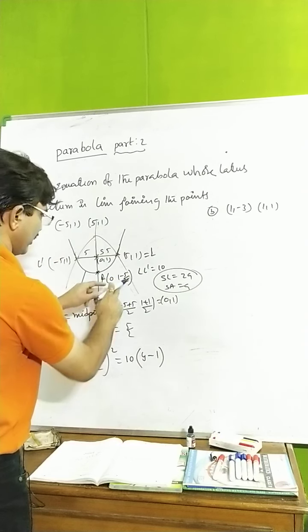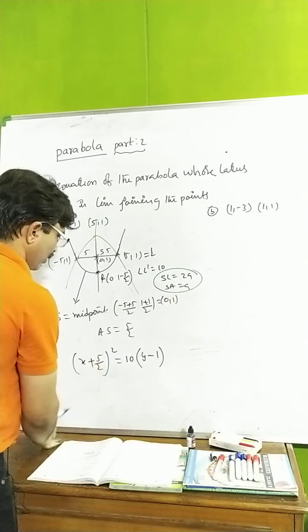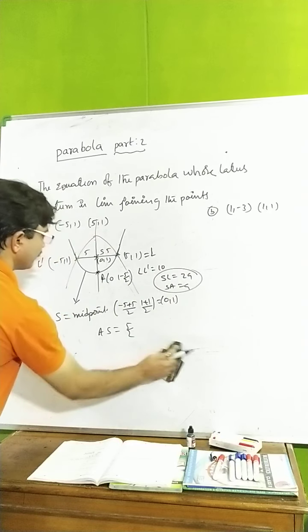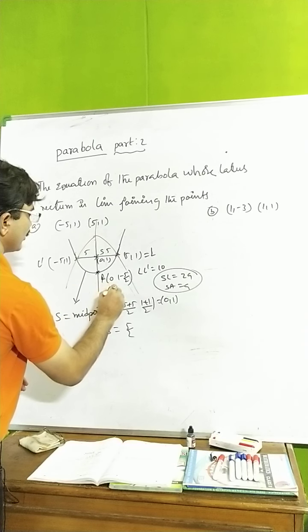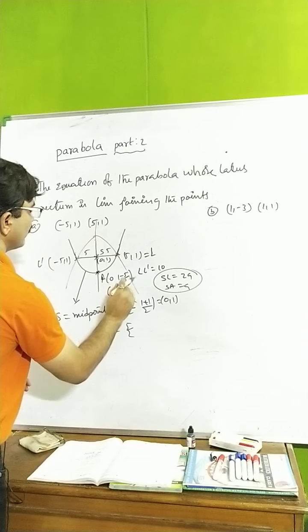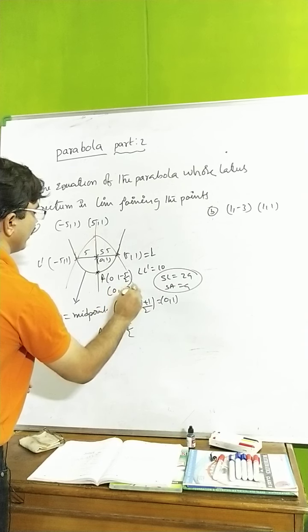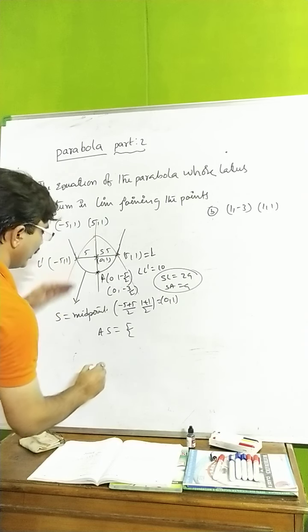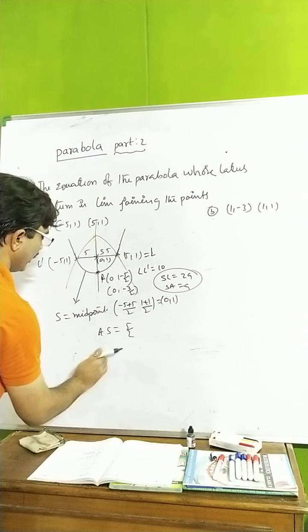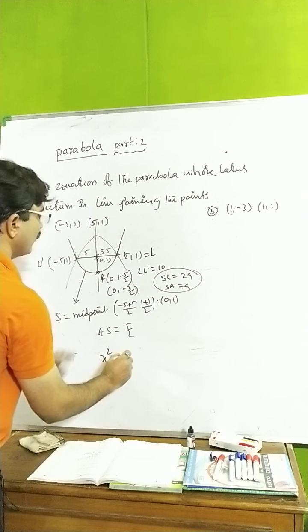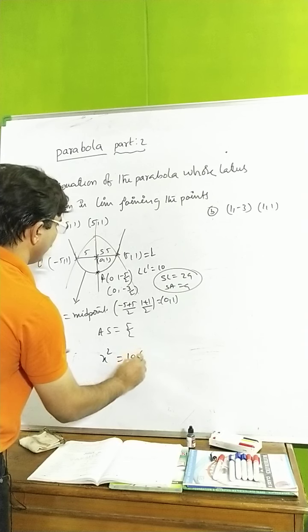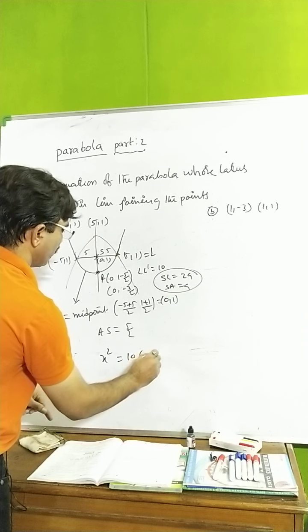That's a mistake I did here. So now you will get 5 by 2 units coming down, so you will get 0 comma minus 3 by 2. So you can write x square, no doubt, equals 4a, that is 10, and here it is y plus 3 by 2.